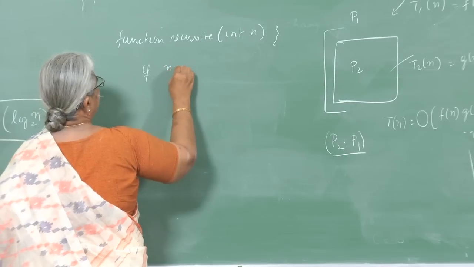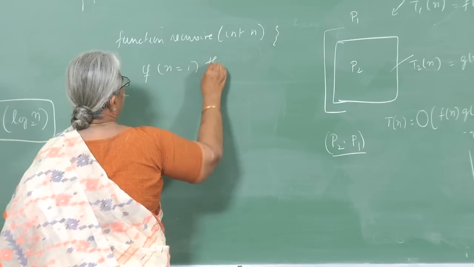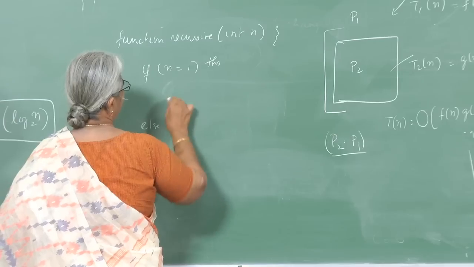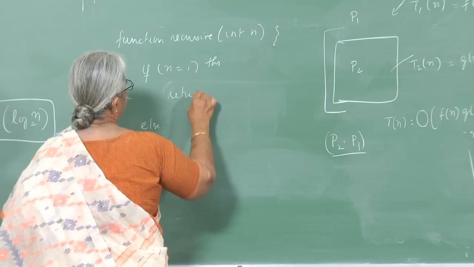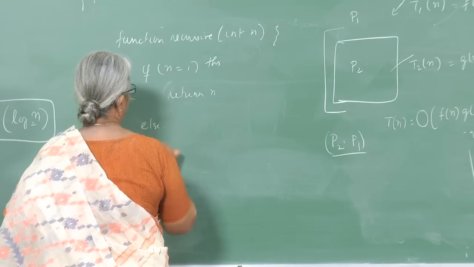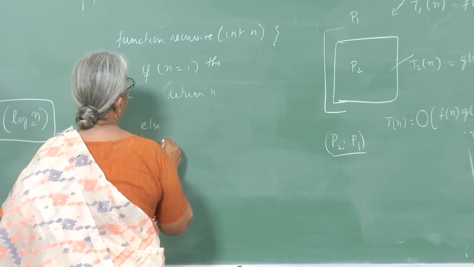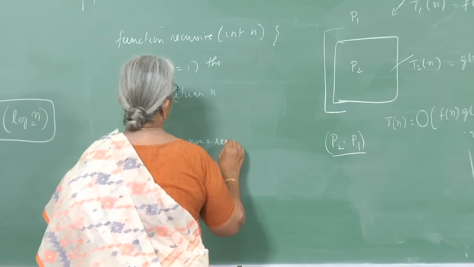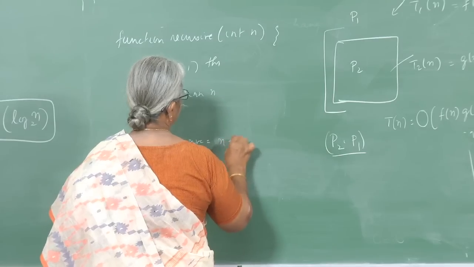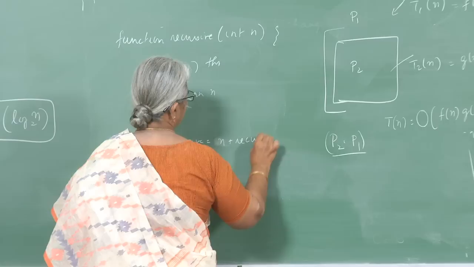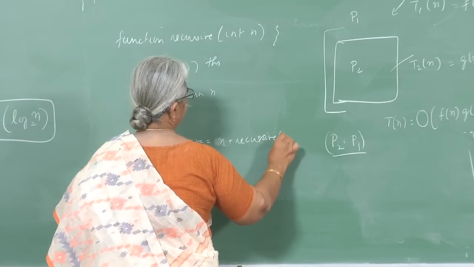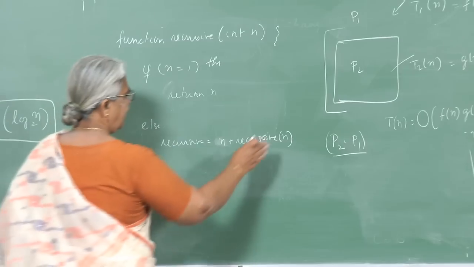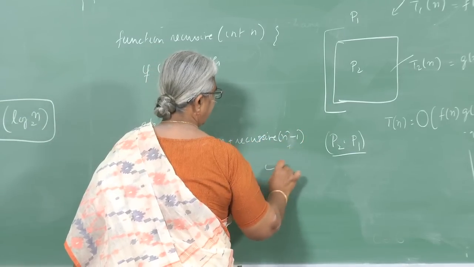If n equals 1, then return 1, let us say return n, else it was recursive is equal to n plus recursive of n minus 1. If I was going to write it in pseudocode, the program would have looked like this. So, this was a harmless statement, and then you found that the time complexity was order n.